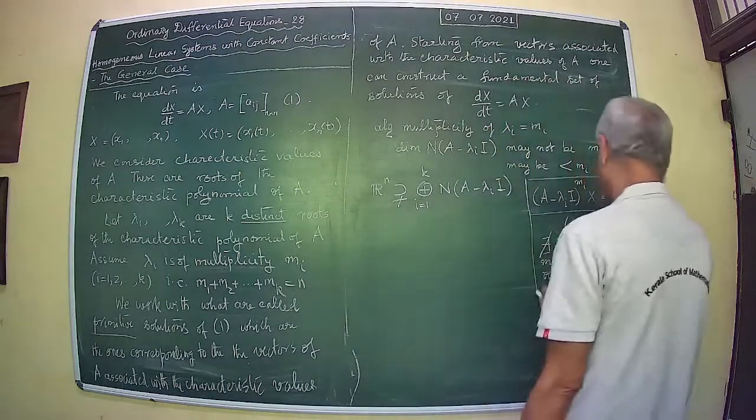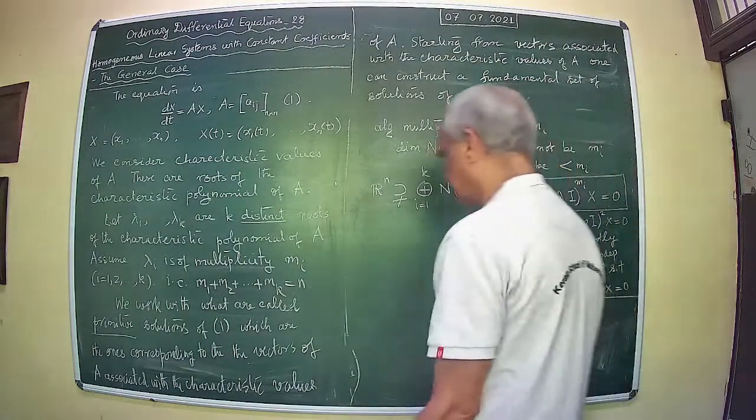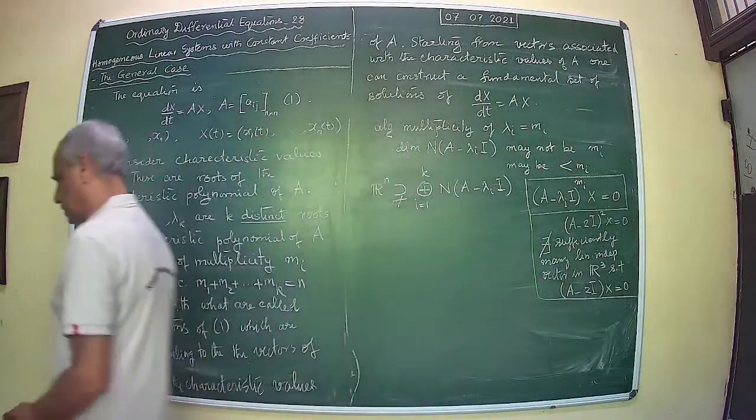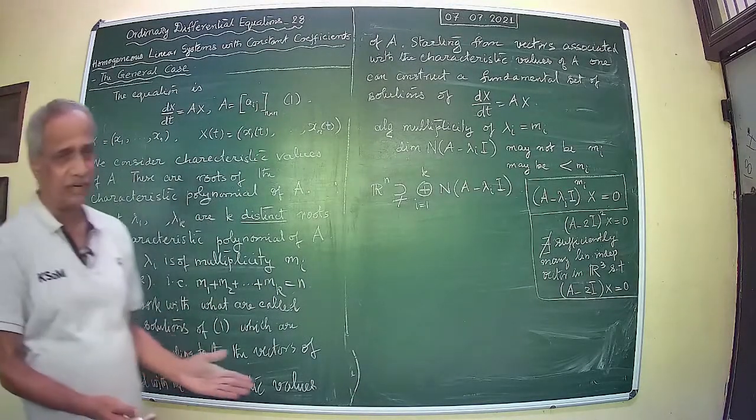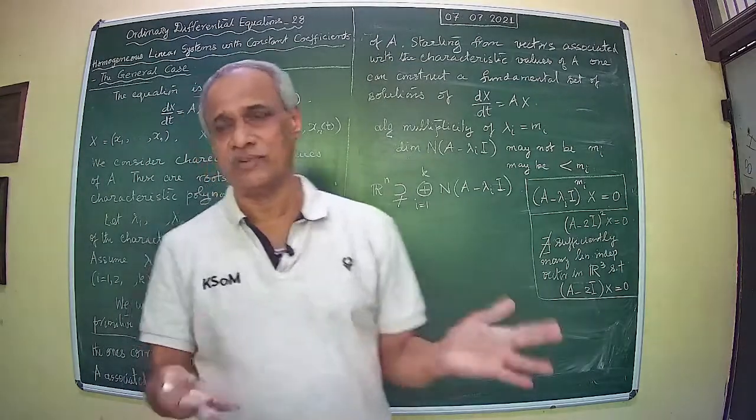This is the question. Very simple example, but we have to give a theory which gives a very systematic way in which you can get hold of these vectors.